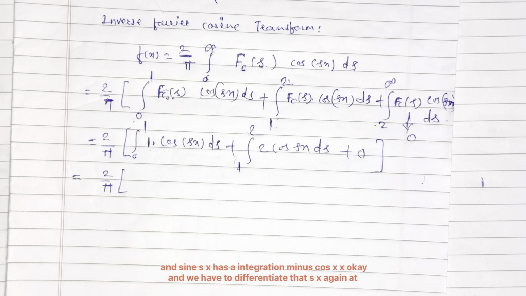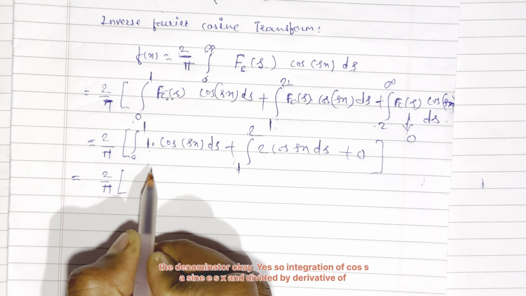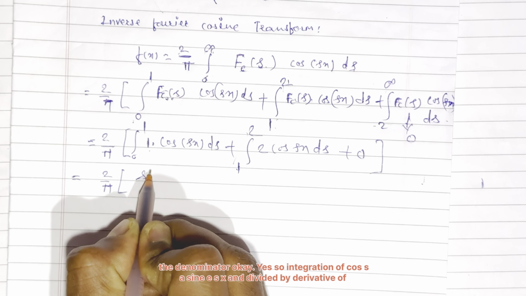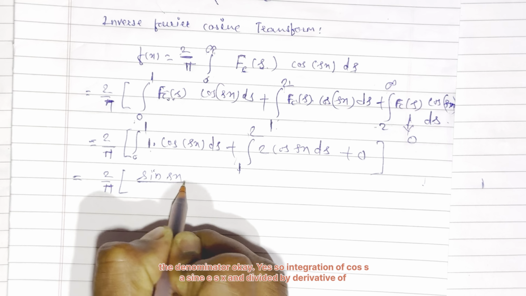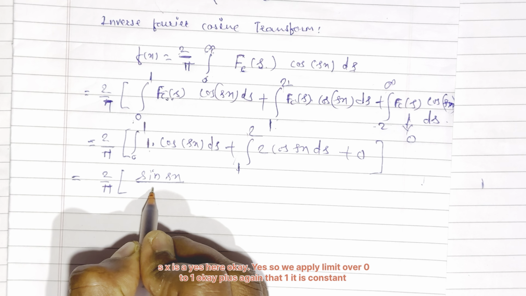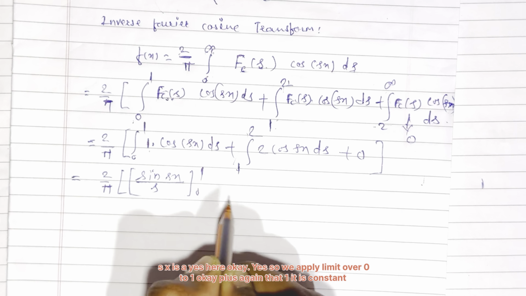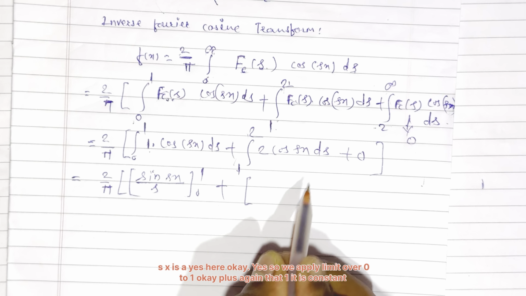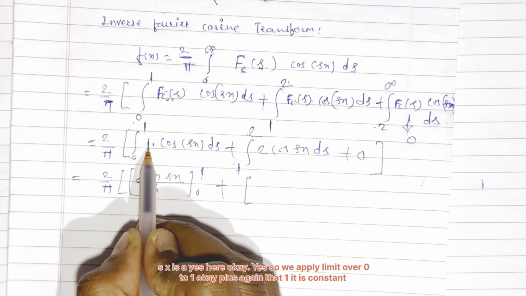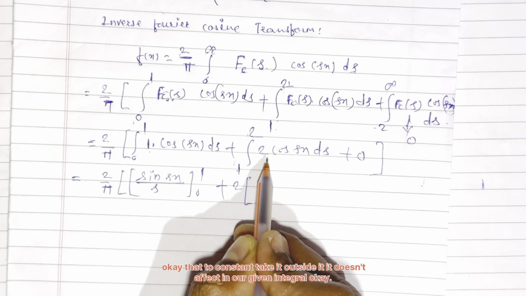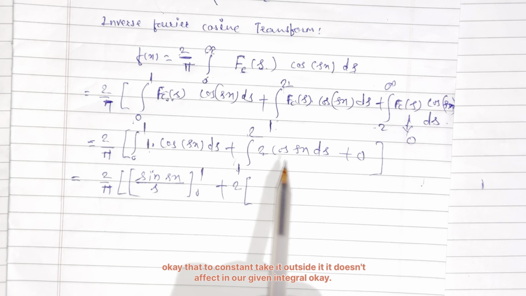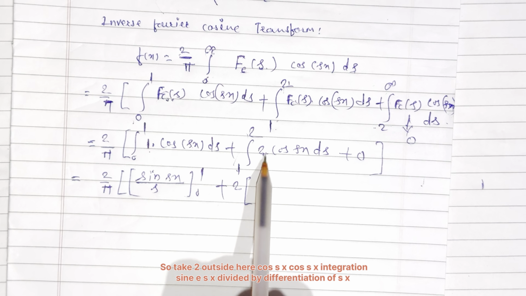And we have to differentiate sx again at the denominator. So the integration of cos sx is sin sx divided by the derivative of sx, which is s here. So we apply limit over 0 to 1. Plus again that 2 is a constant, take it outside, it doesn't affect our given integral. So take 2 outside here.